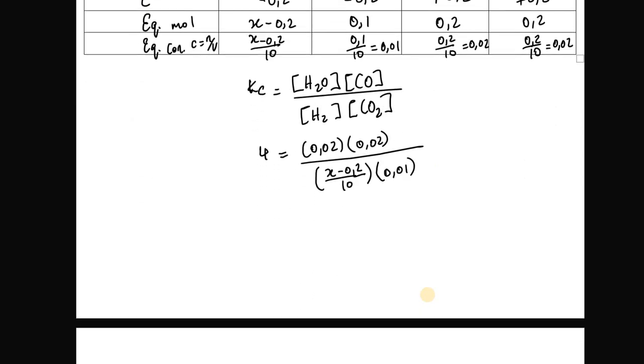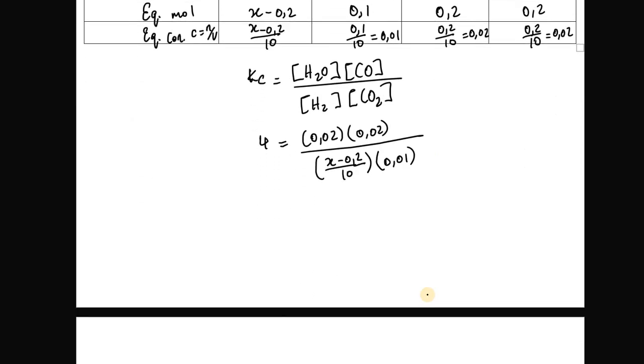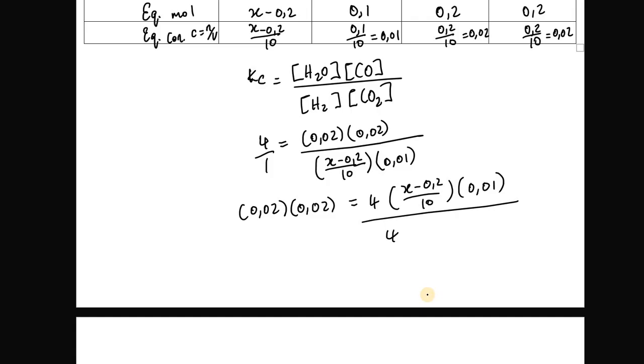Then, guys, it's a matter of getting the answer now. Cross multiply: 0.02, 0.02, and then 4 into x minus 0.2 over 10, and then 0.01. Then we're going to divide by 4 into 0.01.